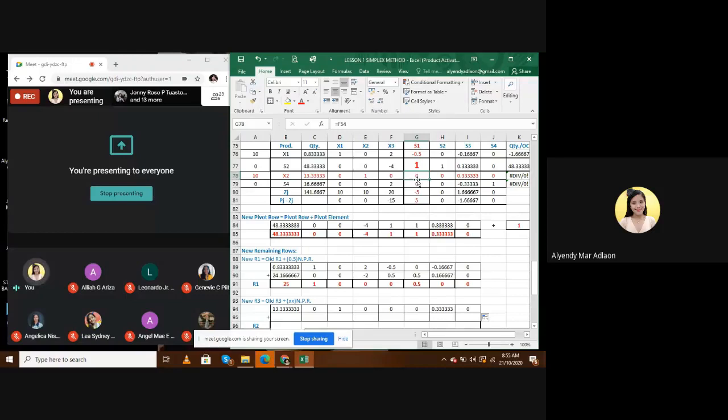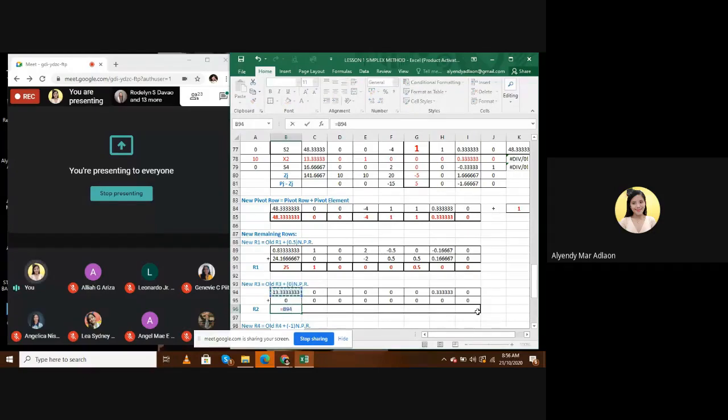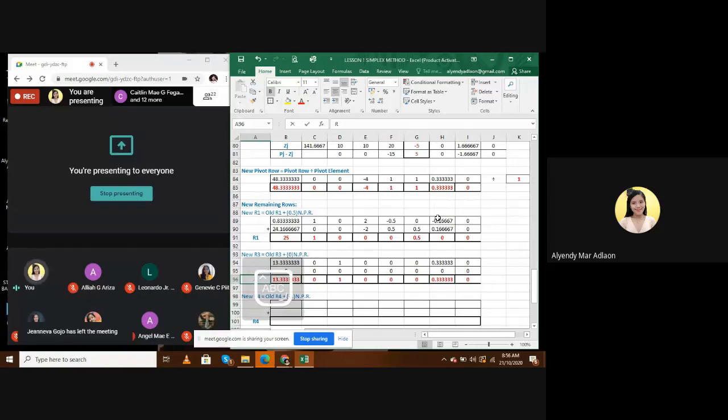Now, since 0 man na class, unsa may negative sa 0? 0 times negative 1, 0 lang gihapon. So, mas maayo nga para di ta magkapoy-kapoy og solve because new pivot row times 0, that is 0. Okay, walay problema kay 0. So, kung nag-manual mo, diretso na mo mag-copy-paste. Okay, if you add that 1 to 0, so wala naman siguro yung mag-calcu, no? 0 lang ay 0, same lang gihapon ang answer. Because you added nothing. Okay, so that is row 3.